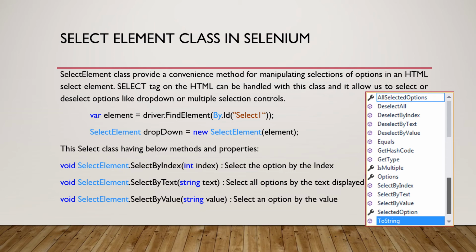Below are the three basic methods most widely used for drop down or multiple selection controls. SelectByIndex with an integer index selects the option by index. SelectByText with a string text selects the option by the text displayed on the page. And SelectByValue, you pass the string value, and this will select an option by value.